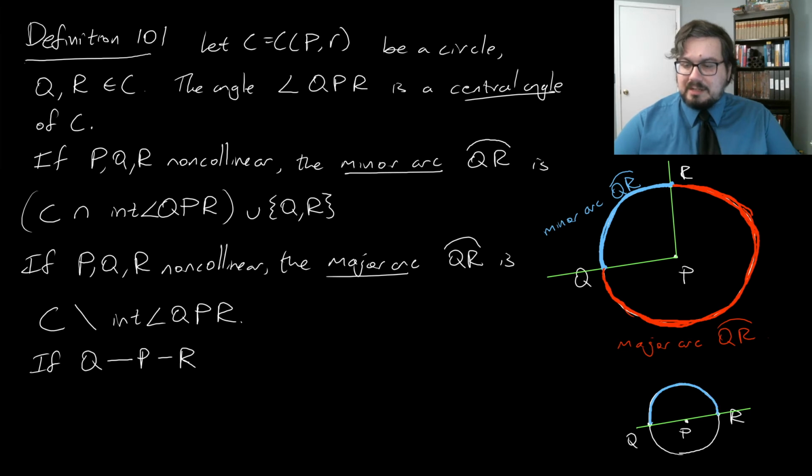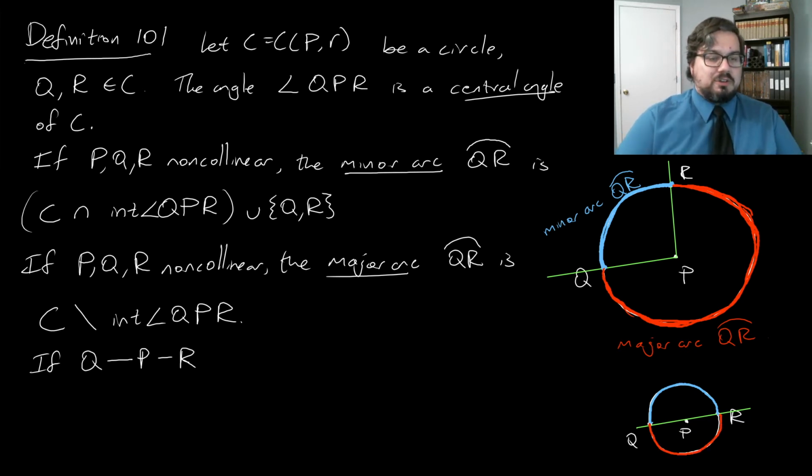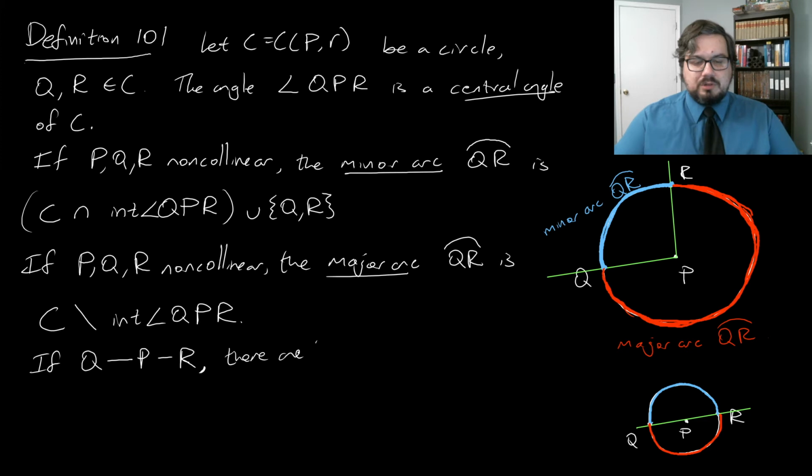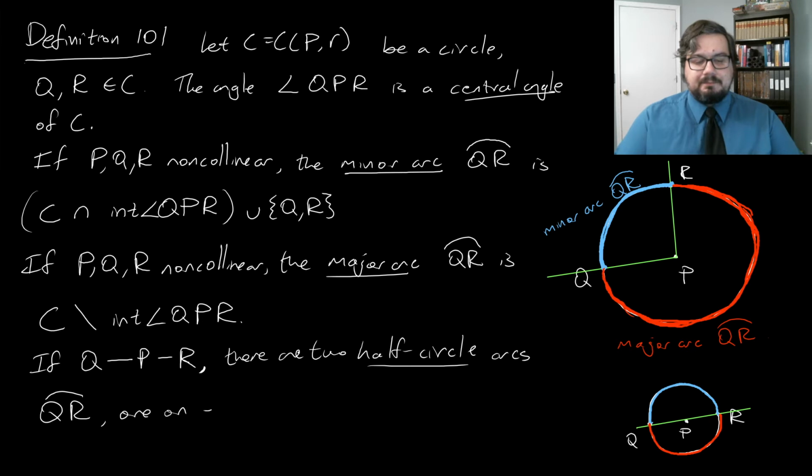And so here we're going to have two half circles. Now in this case we don't have an angle QPR to work with. So if QPR is the case, then there are two half circle arcs QR, one on each side of the line.